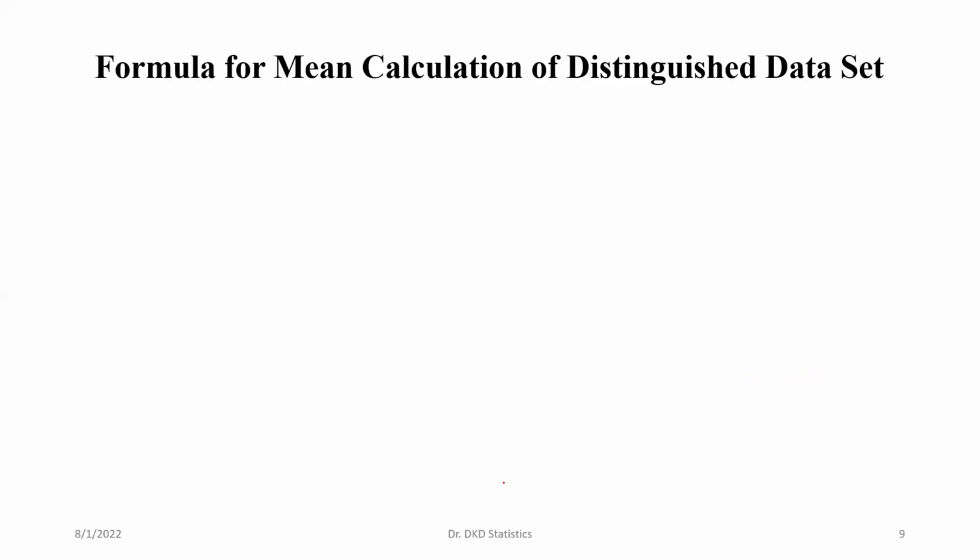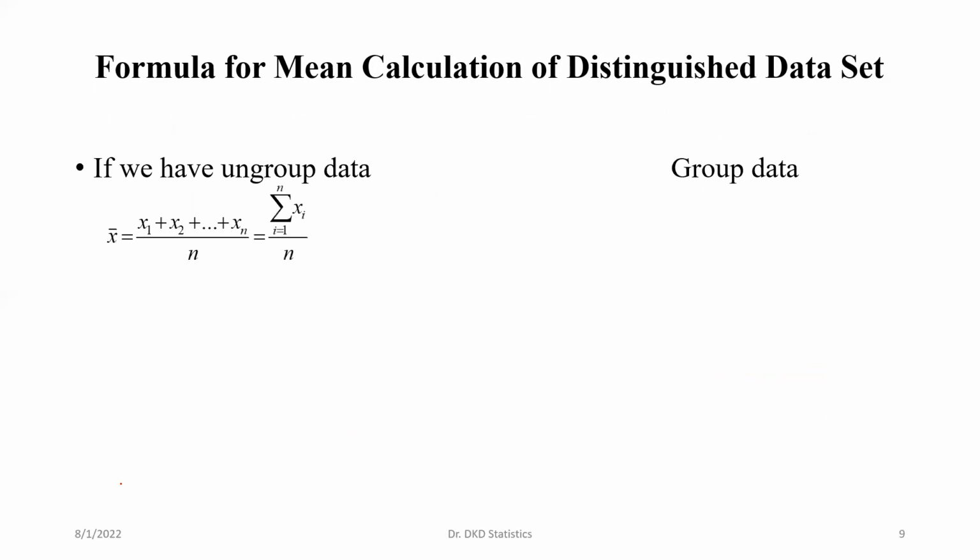Now some formulas for mean calculation if we have a different data set. If we have ungrouped data and grouped data, which formula will apply? If we have ungrouped data, we can calculate x bar equal to x1 plus x2 up to xn divided by n. Another way we can write it is summation i equal to 1 to n of xi divided by the number of observations. For ungrouped data, we go with that formula.